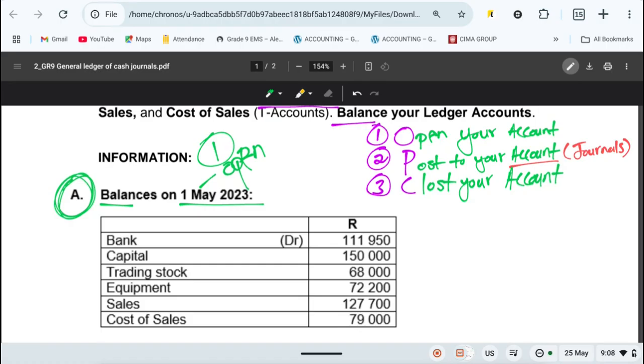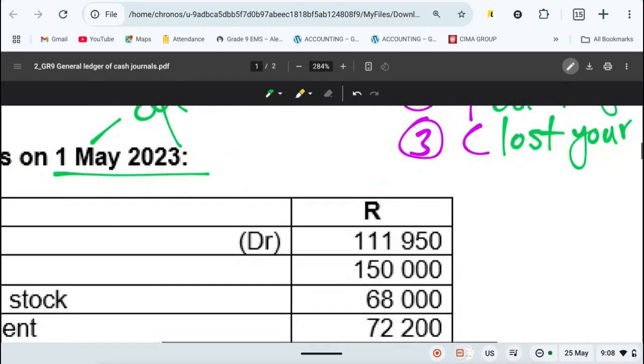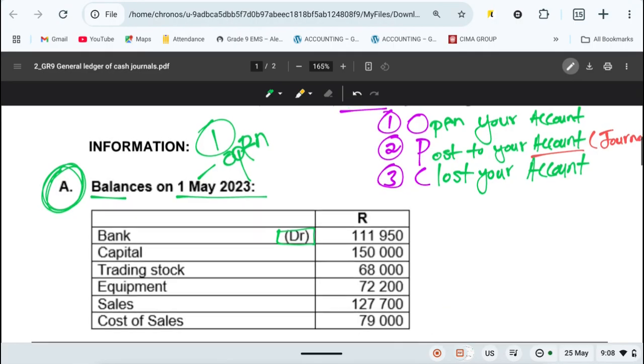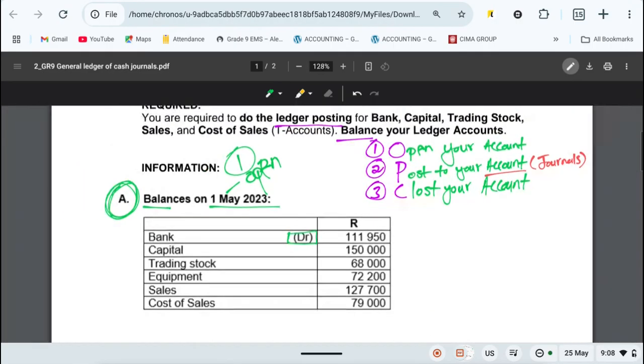These are the opening balances for each and every account in the business. For bank it is 111,950, and they are telling you that the bank should be debited, the opening balance should be on the debit side, which is true, but we'll come to talk about it later on.